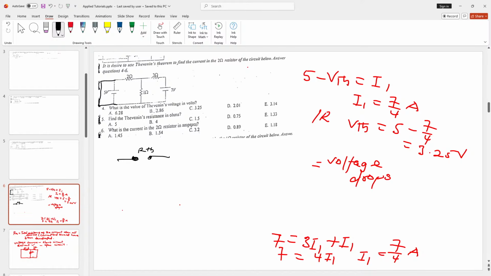If we draw a branch across it, it takes away this voltage source, because short circuiting the voltage source means giving it a path that has no resistance. So it's going to take away this 5V from here. And then this 7-2, you are going to short circuit it as well. So this is how it's going to look.